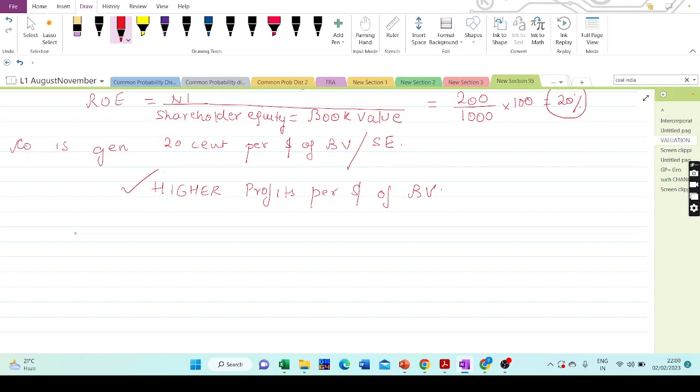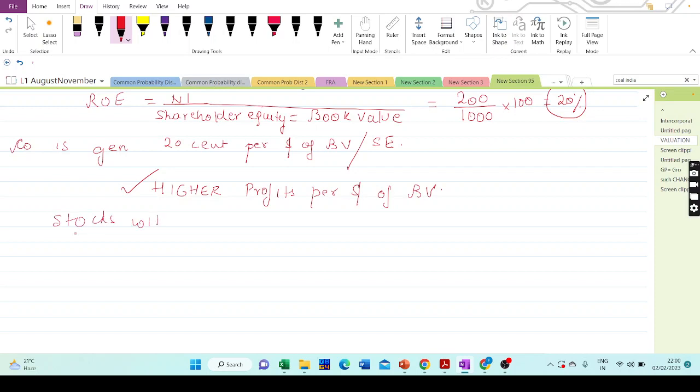ROE measures how much profits the company generates per dollar of book value. So basically, investors would be willing to pay more per dollar of book value if they expect that the company would have a higher ROE. Is this crystal clear?